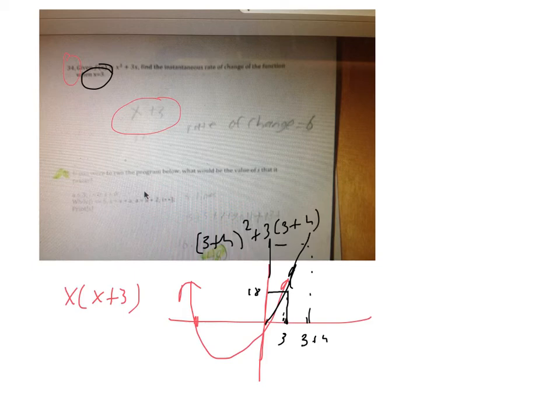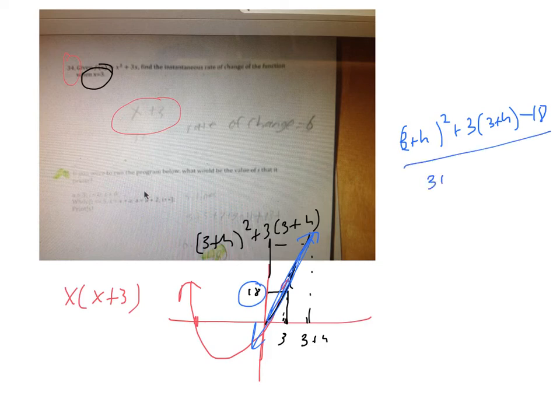So the slope between these 2 points would be the change in y, which is (3 plus h) squared plus 3 times (3 plus h), that's the new y value, minus 18, all over 3 plus h minus 3.